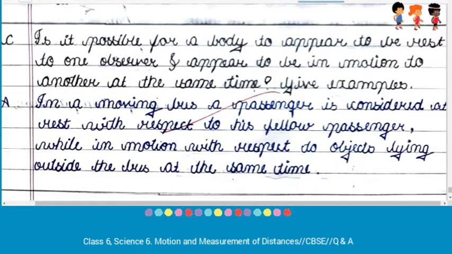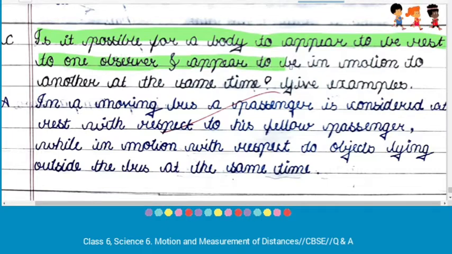C. Is it possible for a body to appear to be at rest to one observer and appear to be in motion to another at the same time? Give examples.